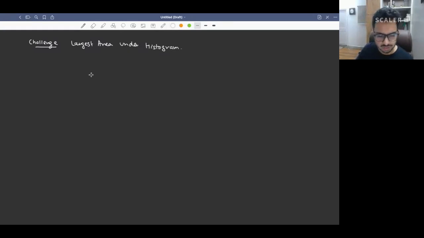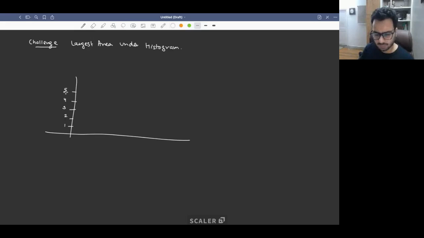Let me first draw a chart. Let's say I have 1, 2, 3, 4, and 5, and I have an array like 1, 2, 3, 4, 5, 6. So I have 6 bars. The first bar is of height 2. The second bar is of height 4.